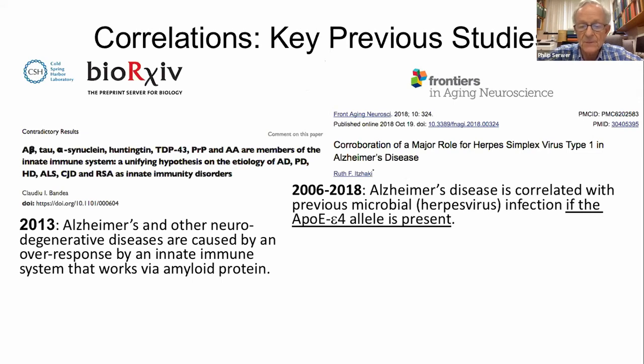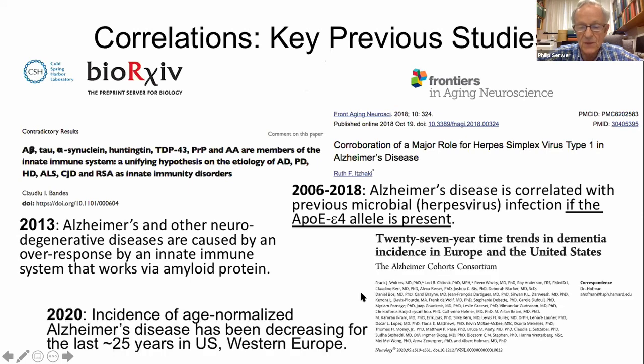And here's the paper showing the correlation of Alzheimer's disease with previous herpes. And here's one showing that the age-normalized incidence of Alzheimer's disease has been decreasing for the last 25 years in Europe and US, but not in Japan and China, and is decreasing more for women than for men.